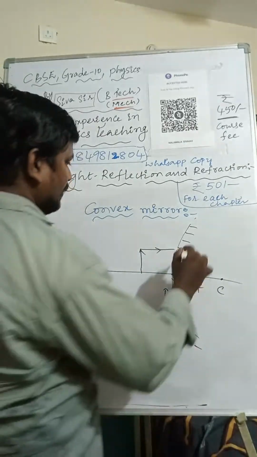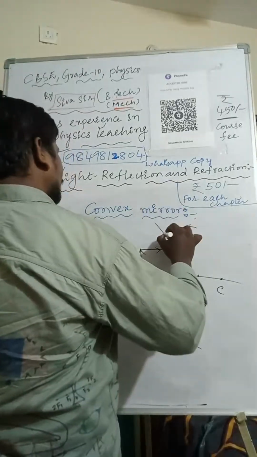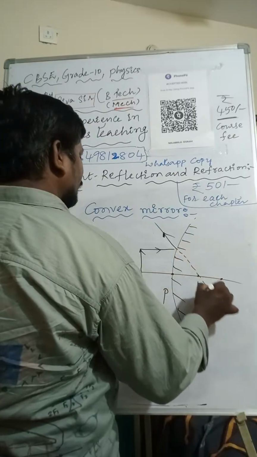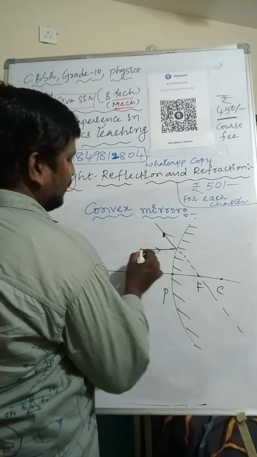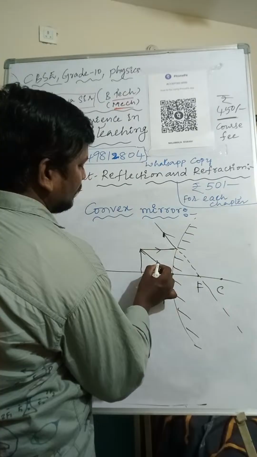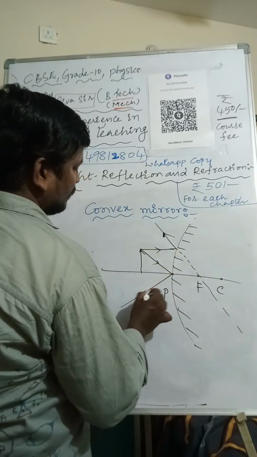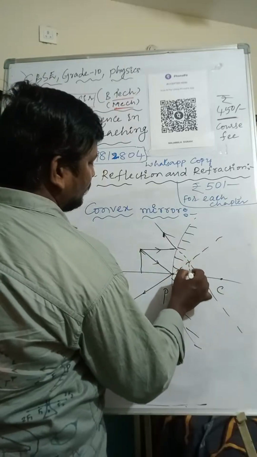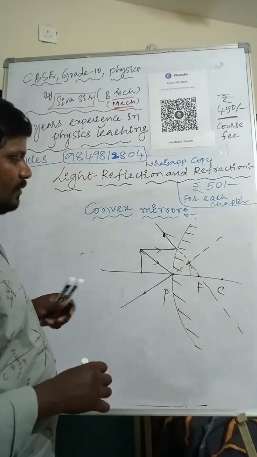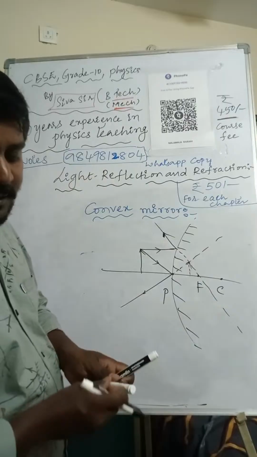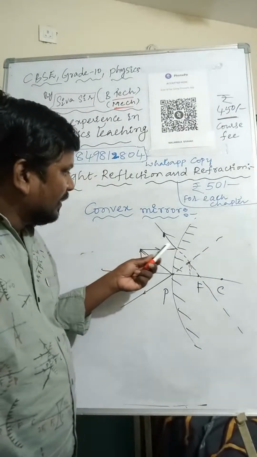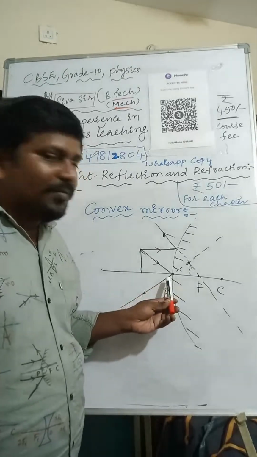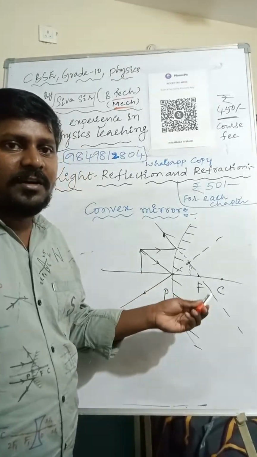So you can see here. Another light ray I am taking like this. So the image will form here. One light ray like this, another light ray will be incident at the pole. So the image will form between P and F.